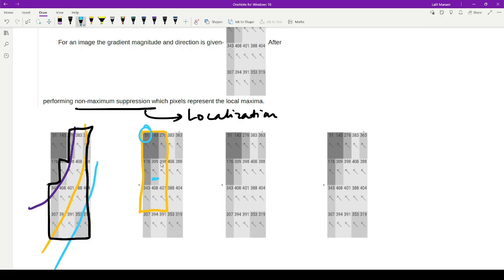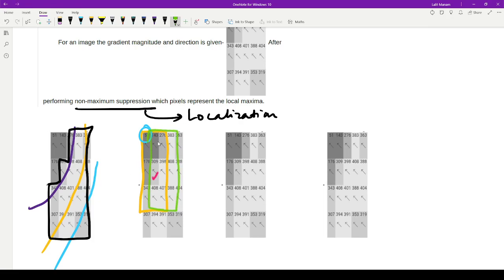So given this 309, you compare it with 51, and this survives. For survival, I'll use some red color. So this will survive in the specific patch. Now if I move to the next one, this window will look like this.